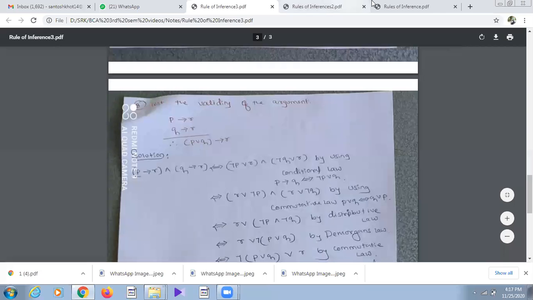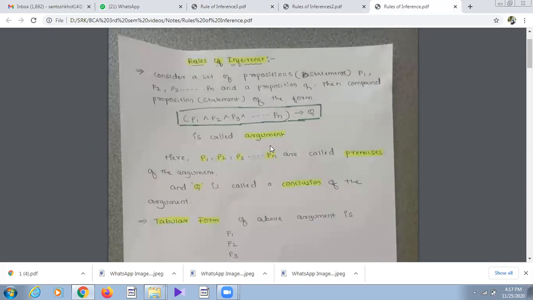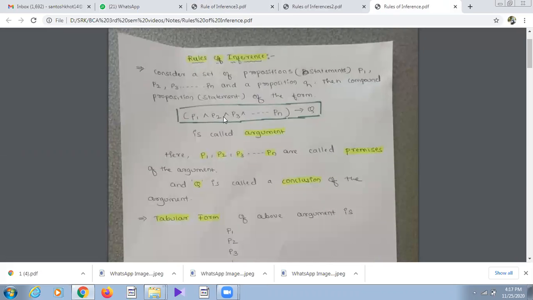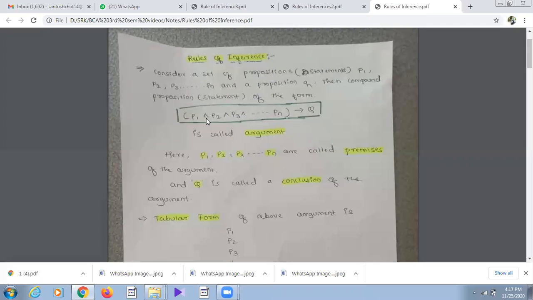The definition of rule of inference states that whatever the premises P1, P2 and so on, we combine them with the help of the conjunction symbol. That conjunction of premises is the argument, and it is logically equivalent to the conclusion. That is the rule of inference.